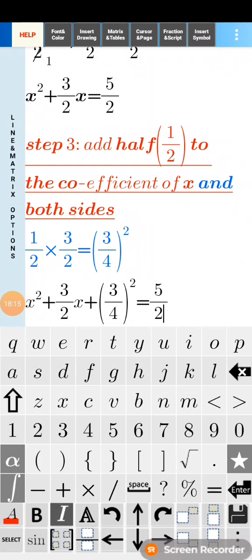And I said add half of the coefficient of x to both sides. So I'm going to do the same thing here also: the addition sign, and the half I have here is 3 over 4. So I'm going to close the bracket, raised to power 2.